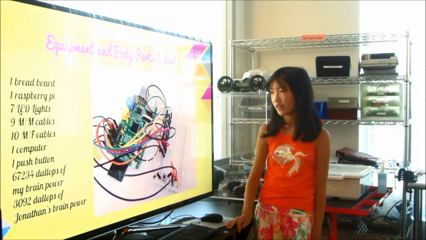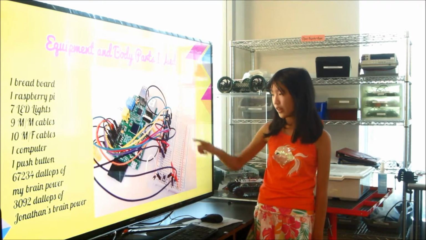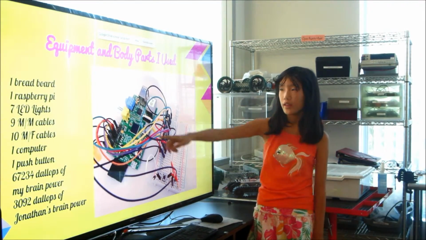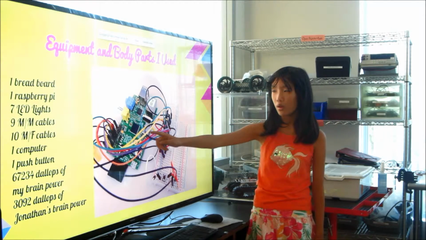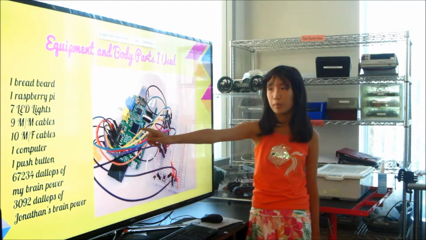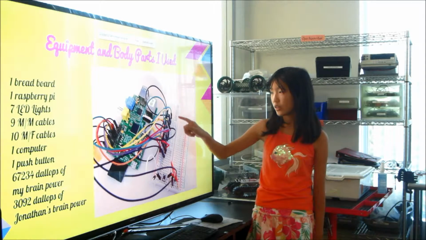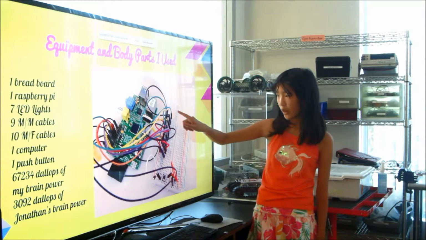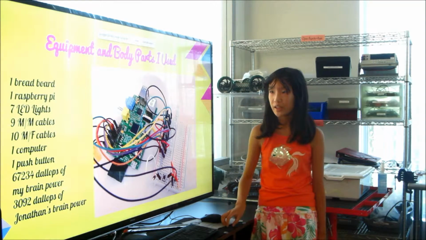This is my LED light game, and this big board over here is called a breadboard, and this chip over here is called a Raspberry Pi. I use 7 LED lights, which are over here, and the middle one is green, while the other 6 are pink.